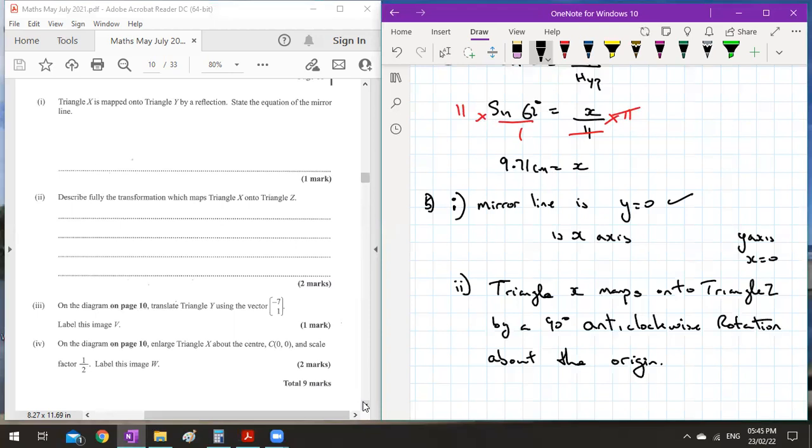Now again, the origin is the center of the x and y, or the intersection of the x and y axis.